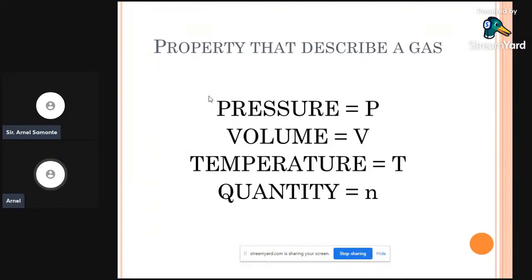Pressure is symbolized by the capital letter P. Volume is symbolized by capital letter V. Temperature is symbolized by capital letter T. And quantity is symbolized by small letter n. So lagi natin tatandaan yung mga symbol ng bawat isa kasi gagamitin natin to formulate the formula of Boyle's law.